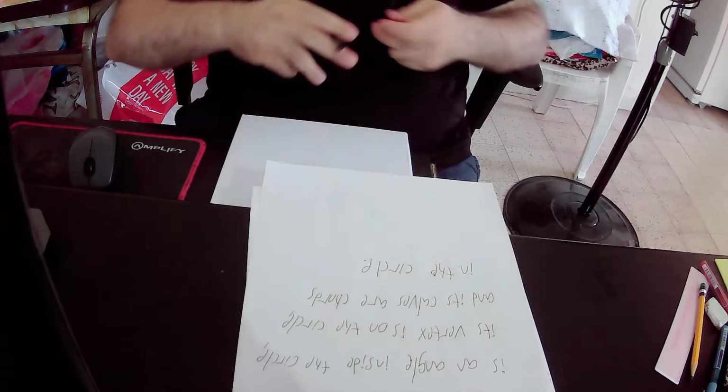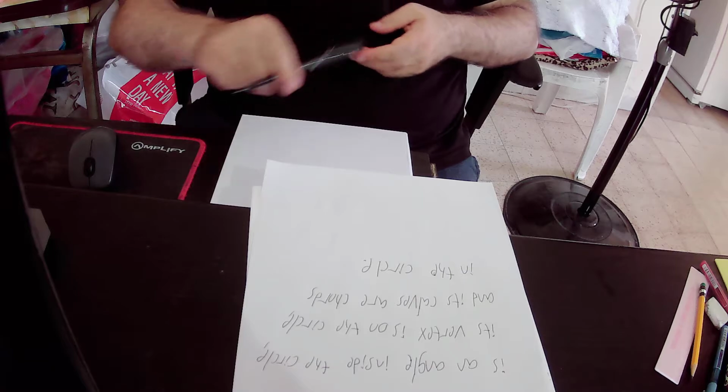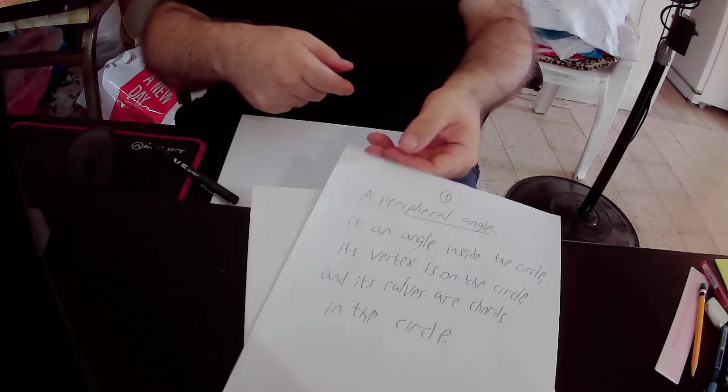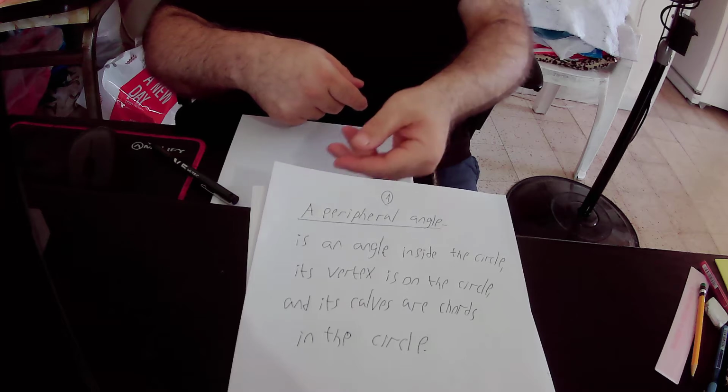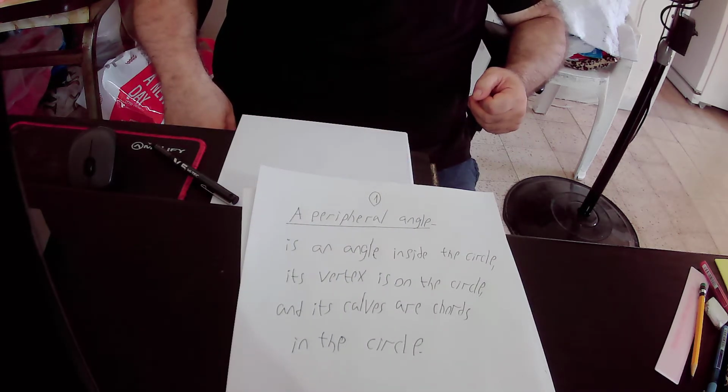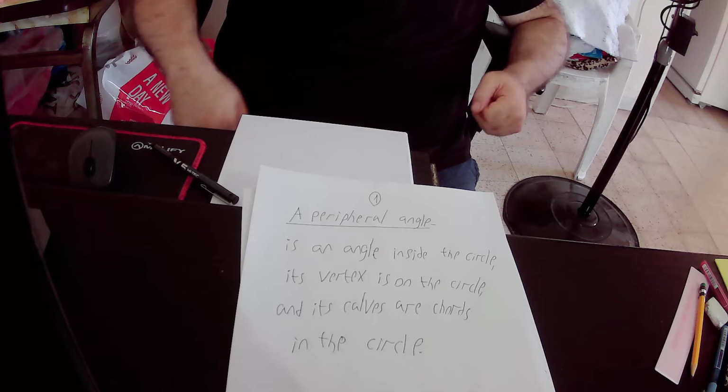So I will read again the definition of a peripheral angle. A peripheral angle is an angle inside the circle. Its vertex is on the circle, and its curves are chords in the circle.